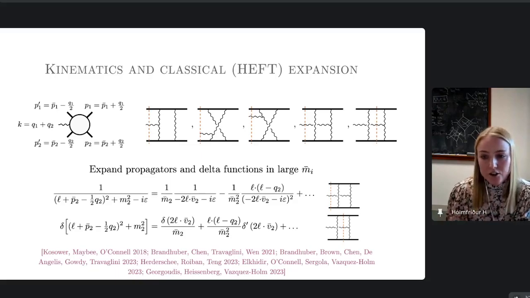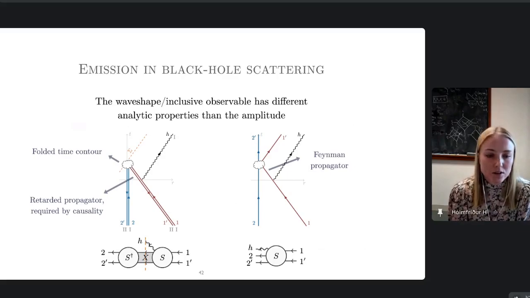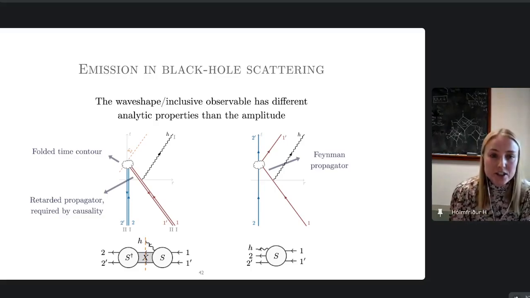But here it turns out that the best we can do at this point is to expand it out in perturbation theory. What I wanted to tell you is that this time-folded observable, or the Schwinger-Keldysh contour observable, whatever we want to call it, or the waveform, has different analytic properties than the amplitude.